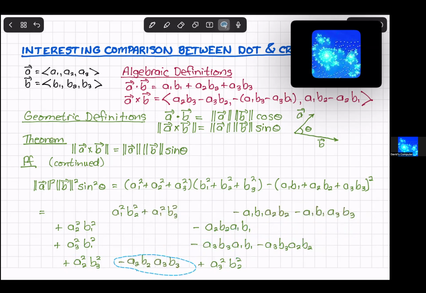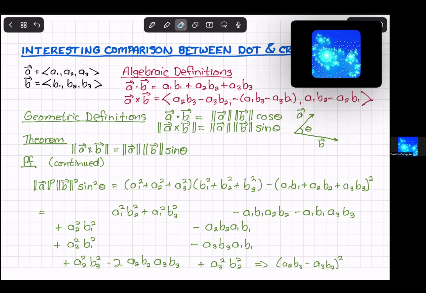And this expression appears twice, so I could precede this with a -2. Notice that this is equal to A2 B3 minus A3 B2 squared. I've used up these terms here.